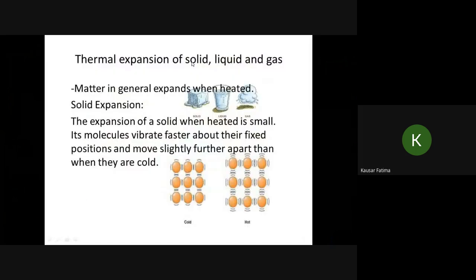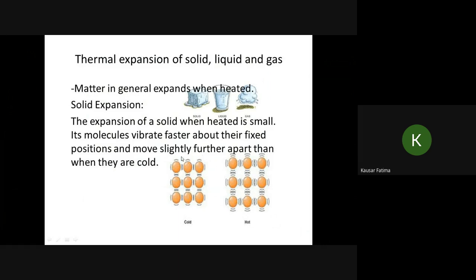So what is the reason of thermal expansion? Actually, everything is made up of molecules. When heat is provided, the molecules don't get bigger in size. Remember, there will be no change in the size of molecules. But they will vibrate faster with the greater amplitude, like they will move up to greater distance. So due to that, they will move further away.